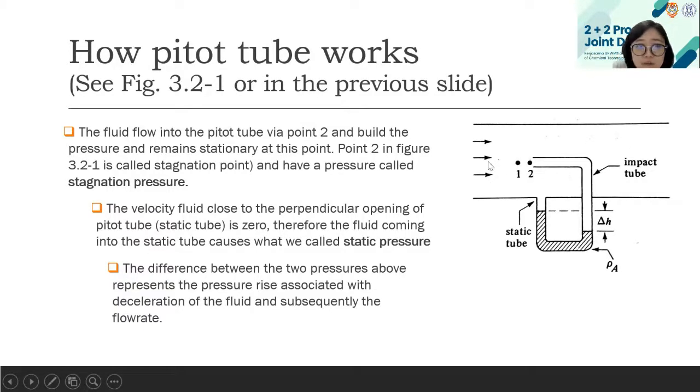The fluid will flow into the Pitot tube via the opening at the second point here and build pressure, to push down the liquid in the manometer. It will remain stationary at this point. Point 2 in this figure is called the stagnation point, and we call the pressure the stagnation pressure.